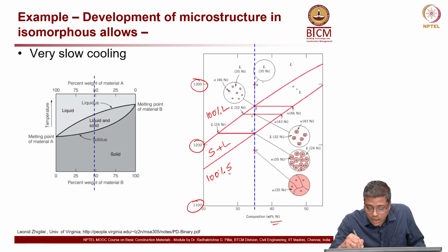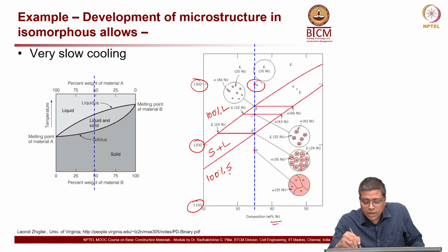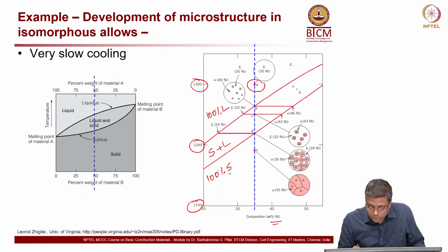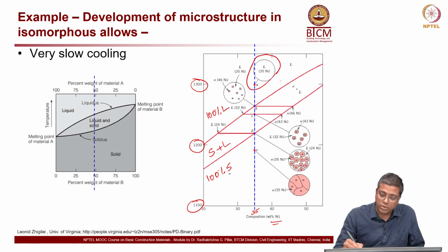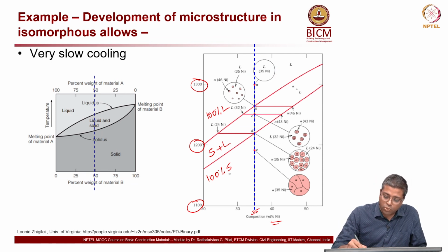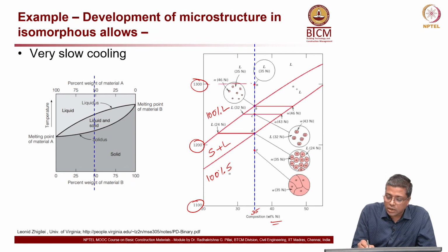Point A is about 35% nickel, and the entire thing is liquid, full liquid. Point A is at about 1300 degrees.